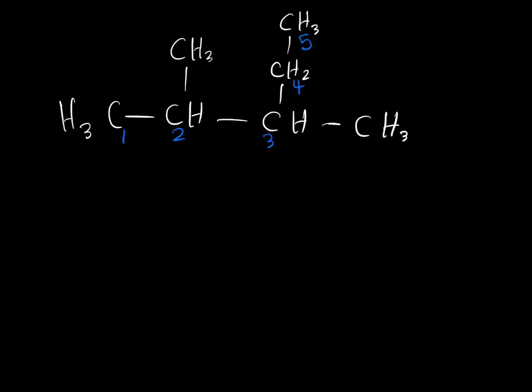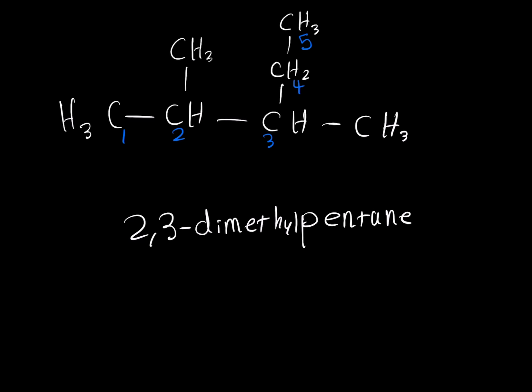So we have 5 carbons, which is pentane, and then we have a methyl on carbon 2, and a methyl on carbon 3. So that's going to be 2,3-dimethyl, once again. This time it's going to be a pentane.